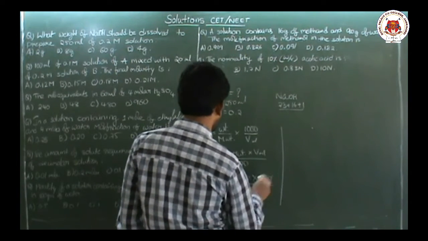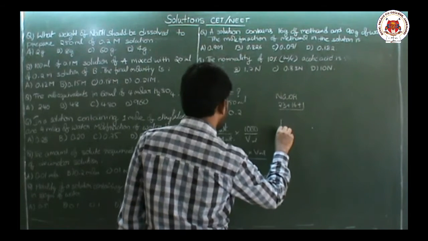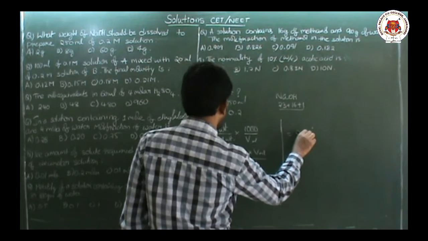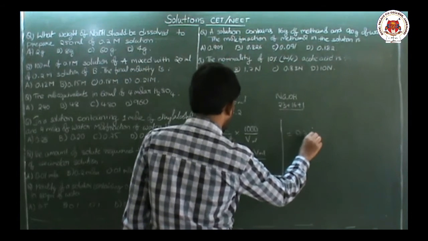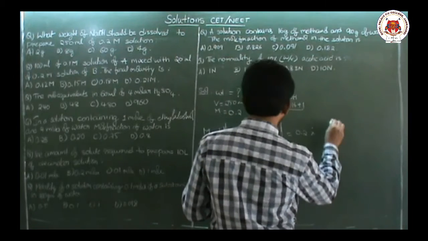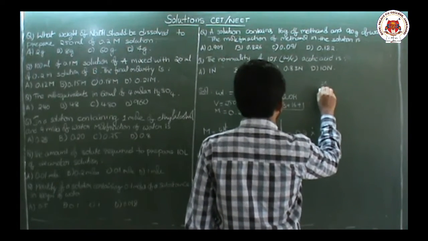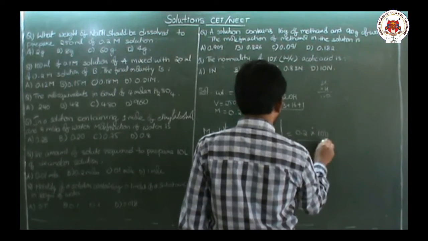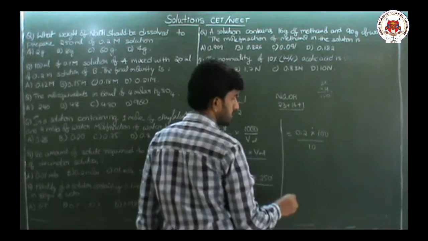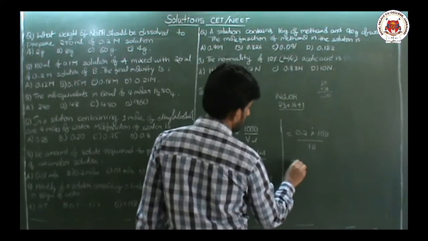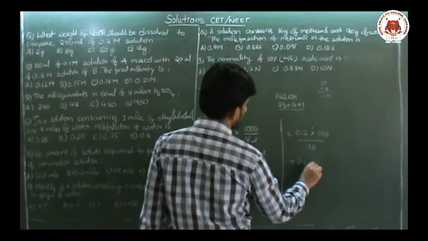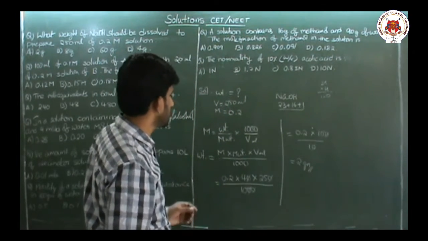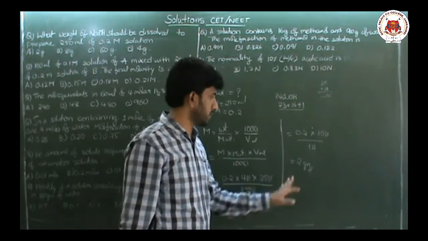Now weight is equal to 0.2 into 100 divided by 10. Okay, this 0 cancels. So what is the weight of NaOH required? It is 2 grams. So the weight of the NaOH required is 2 grams.